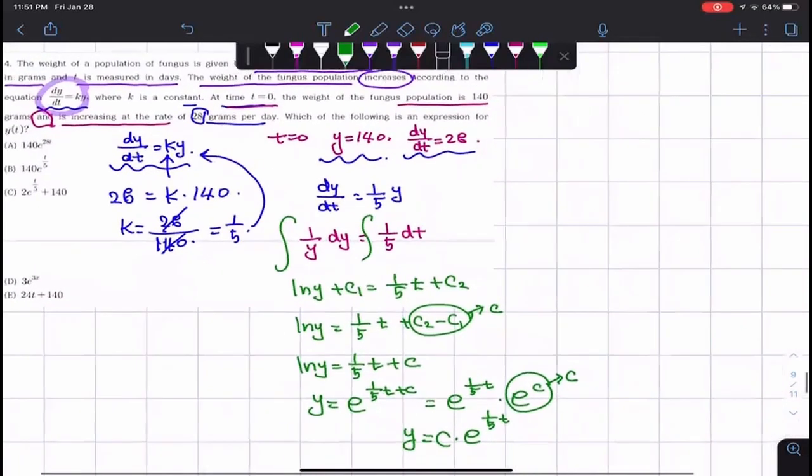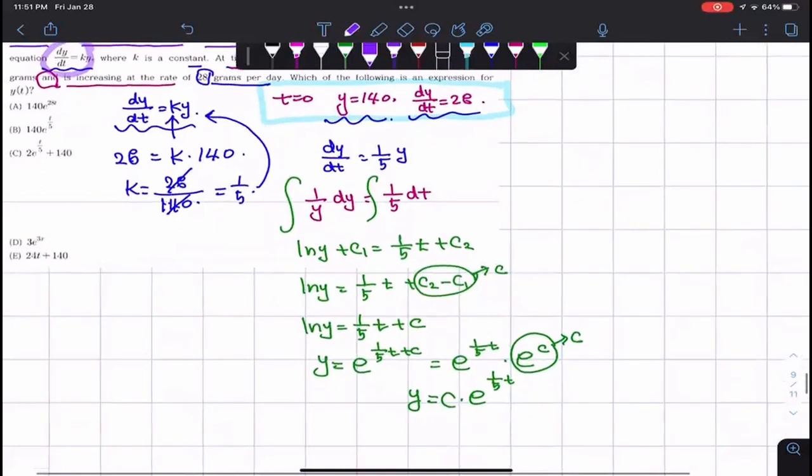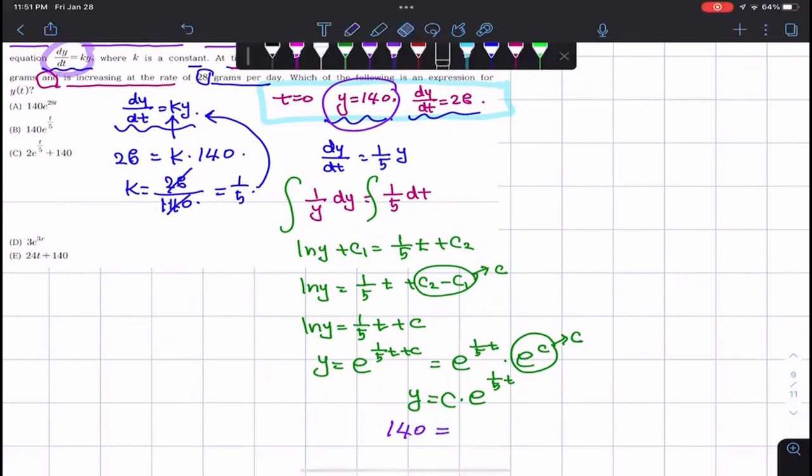To find the constant c, let's use this assumption again. So this is 140 equals c times e to the power of 1 over 5 times 0. This is e to the power of 0, which is 1.